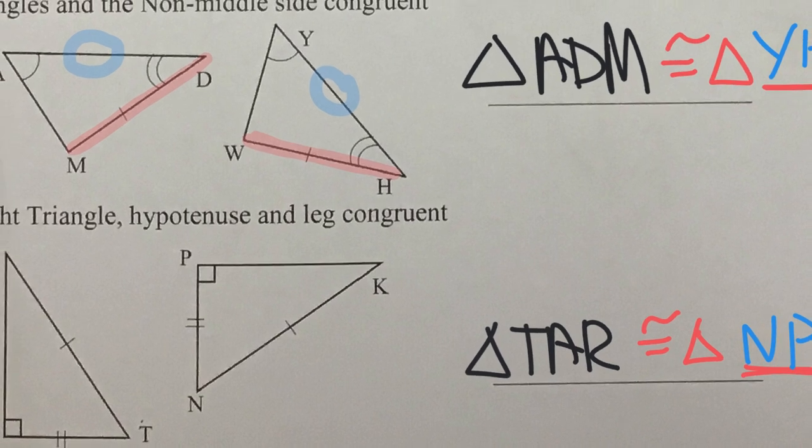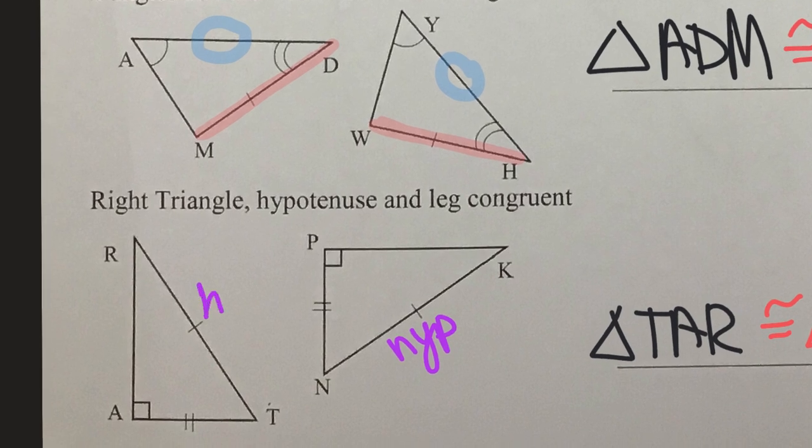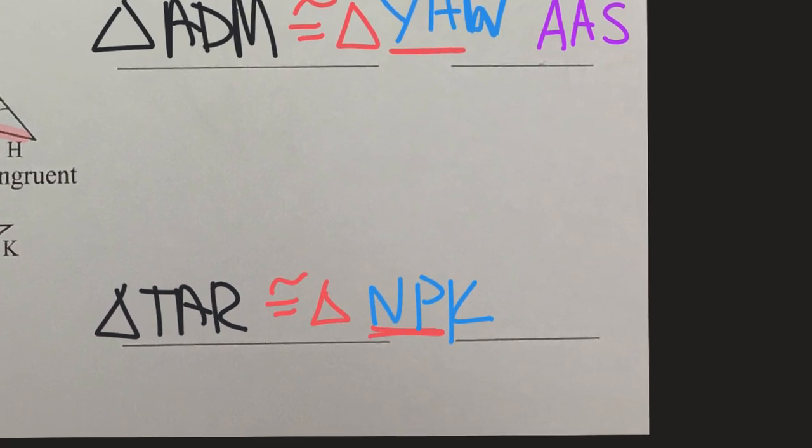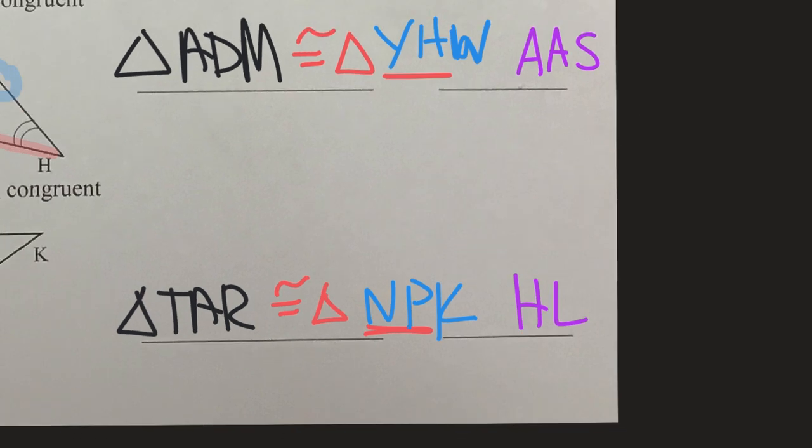And then the last one, a hypotenuse leg. So notice this is the hypotenuse. For both of your triangles, we have a congruent hypotenuse, and we have a congruent leg. Okay, so your 3 things are the 90-degree angle, your hypotenuse, and your leg, and we write HL, which stands for hypotenuse leg.